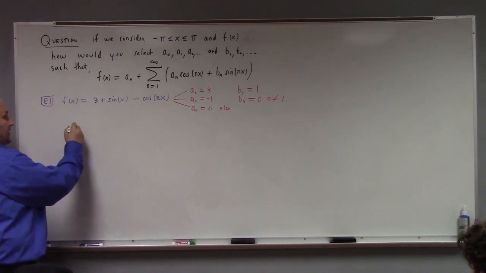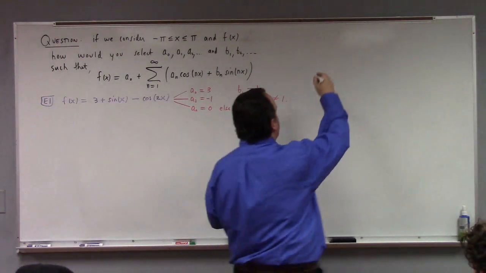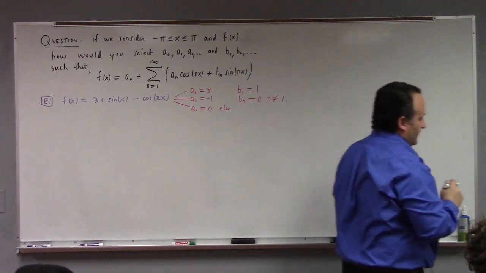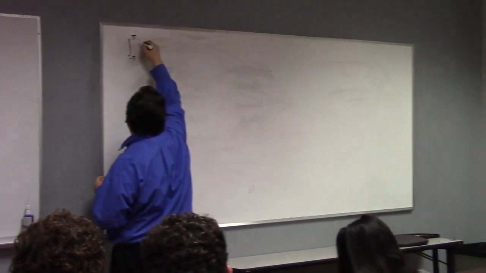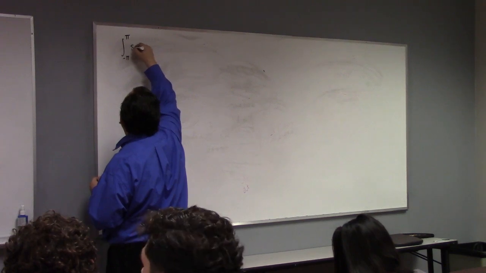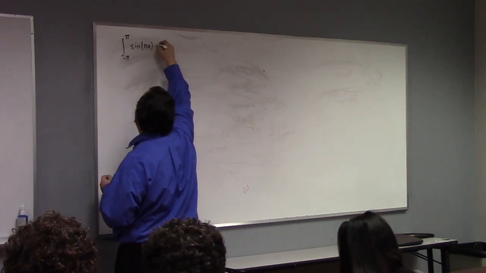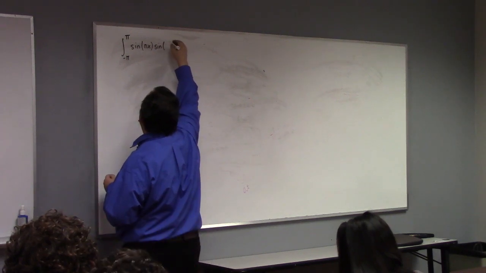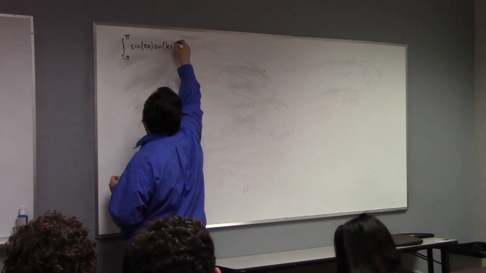We can calculate an integral. What is the integral from minus pi to pi of sine of nx times the sine of, let's say, kx dx?